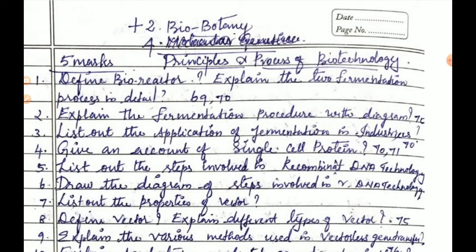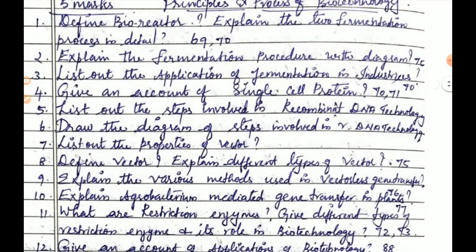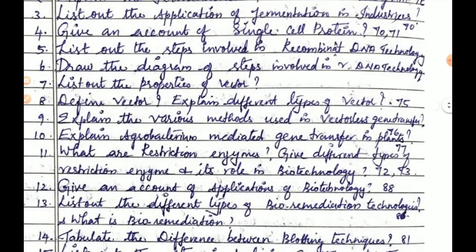Single cell protein, SCP: give an account of single cell protein. The second one is recombinant DNA technology. The third one is the various methods used in vectorless gene transfer. The fourth question is Agrobacterium mediated gene transfer in plants.